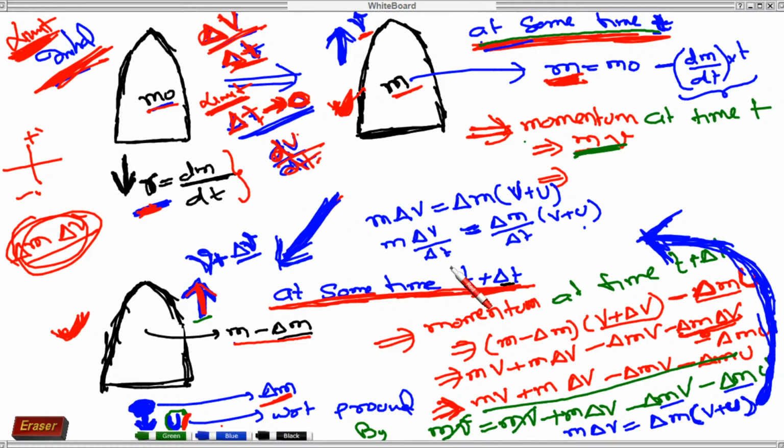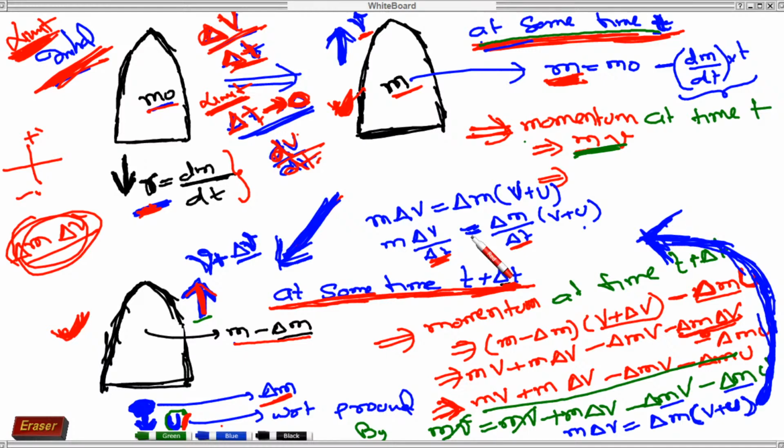Same thing I will say here: this delta t is so small. Here, this is at some time t and this is at some time t plus delta t, so I am considering a very small time difference.